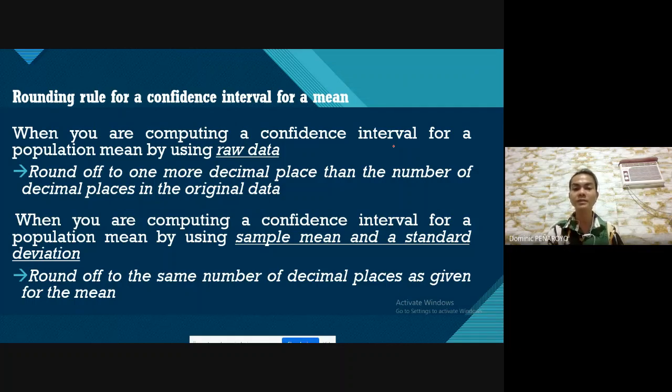That's the difference between the two. Please take note of this. This is very important. If you do not apply the rounding rule on your final answer, of course, that will result in an incorrect answer.